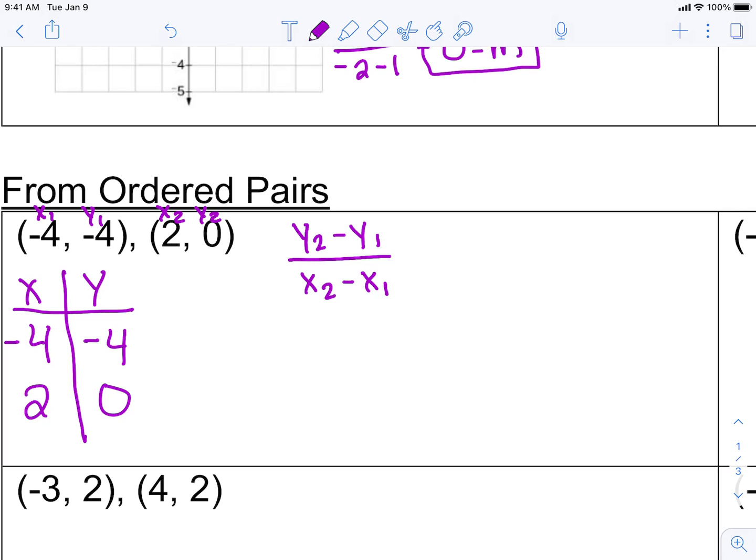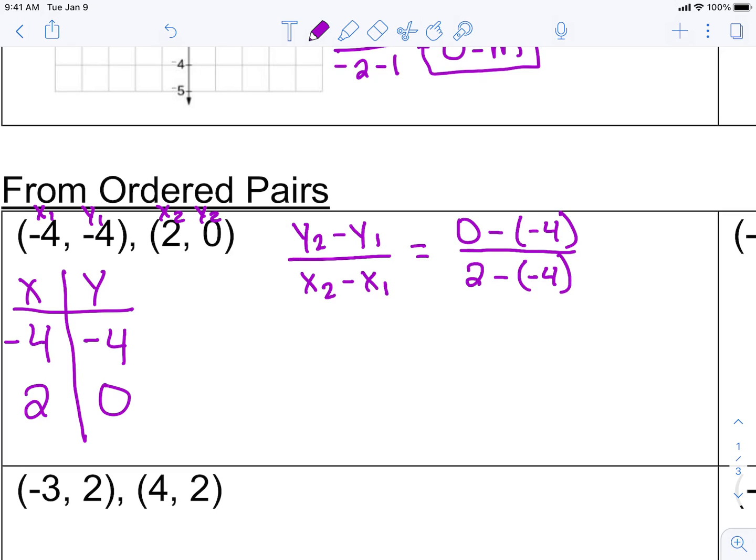It's kind of a little catchy song now. I think we'll make it a song. So we have 0 minus a -4. Be careful, the minus sign is a part of the formula, but we're plugging in a -4. And then I have 2 minus another -4. So again, be careful with that.